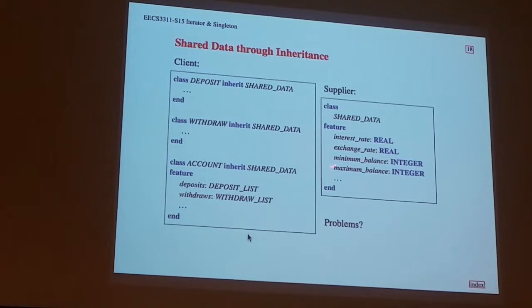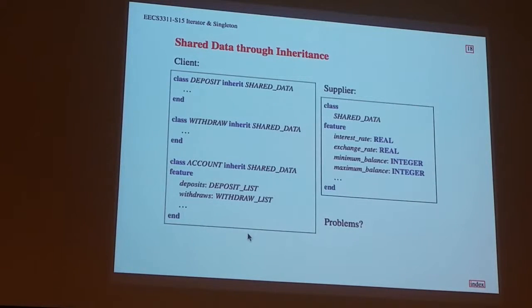We have interest rate, exchange rate, minimum balance, maximum balance, and then we simply let, so inherits, we are going to talk about it later today, but inherits like extends in Java. We simply say we want to make this data available to all the individual classes here, like for deposit, for withdrawal, for account, etc. Each one of them, because they inherit from SharedData, is going to inherit the fields over here. Okay, that's one possible design.